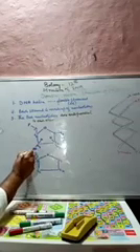Pentose sugar, this nucleotide. This is carbon 1, this is carbon 2, this is carbon 3, this is carbon 4, and this is carbon 5, C5, and this is the phosphate group.